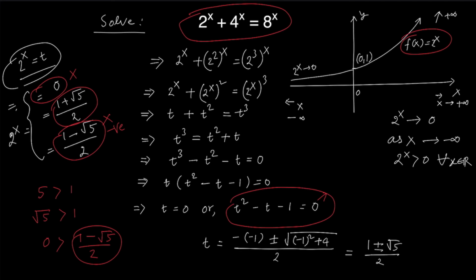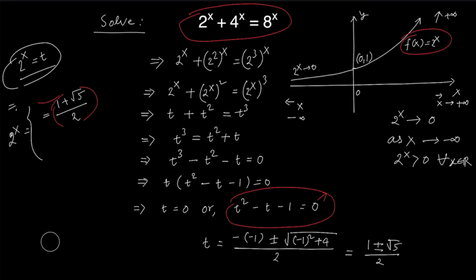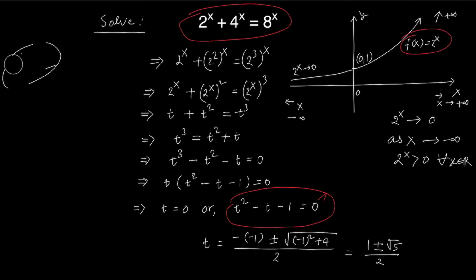Now, so this is not a solution, and this is also not a solution. Okay. So the only solution that we got is 2 to the power x is equal to 1 plus root 5 by 2.